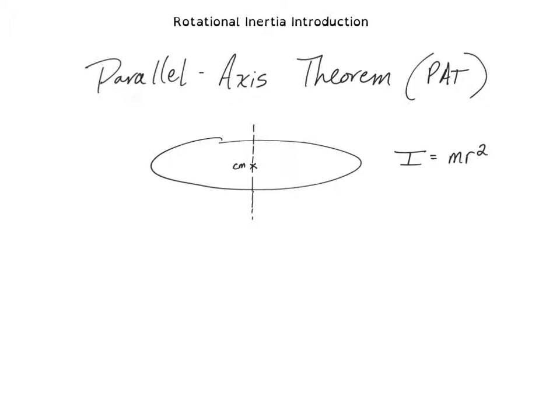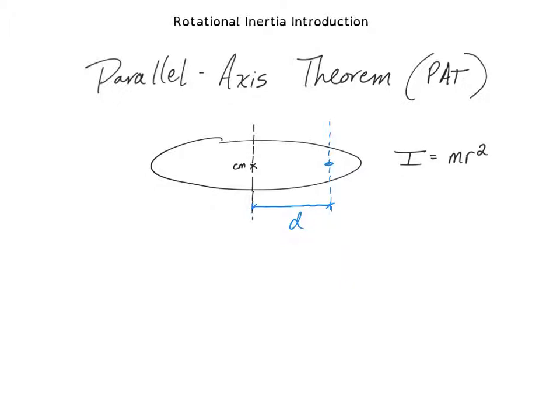Now, let's say that instead of the axis of rotation running through the center of mass, that axis of rotation was out here somewhere, at some distance we'll call d away from the axis running through the center of mass. Well, we can very quickly recalculate the rotational inertia based on this new axis of rotation using the parallel axis theorem.